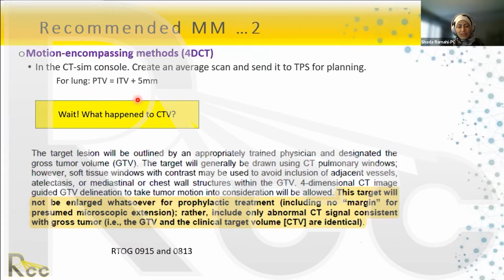The abnormalities you see on the CT sim, again, this is specific for lung tumor, this is what you contour. This is your ITV, and then you expand to get the PTV. So there's no enlargement whatsoever for any inclusion of microscopic disease. Normal CT plus margin is your PTV. So basically GTV is CTV, in case someone was wondering.